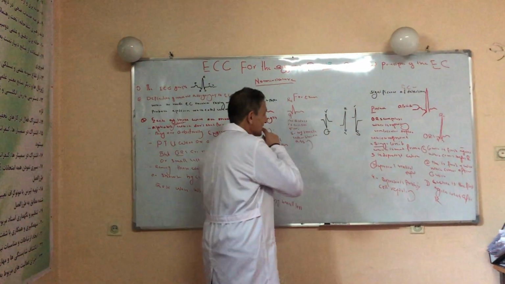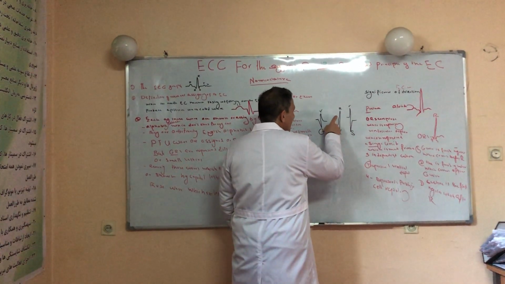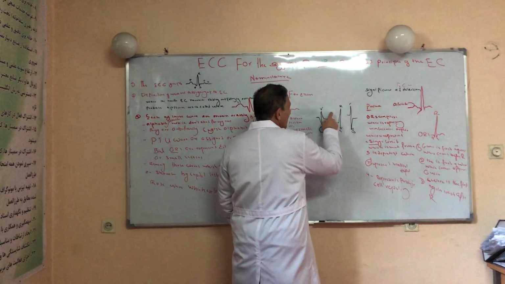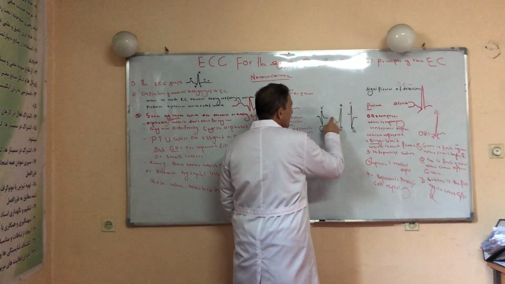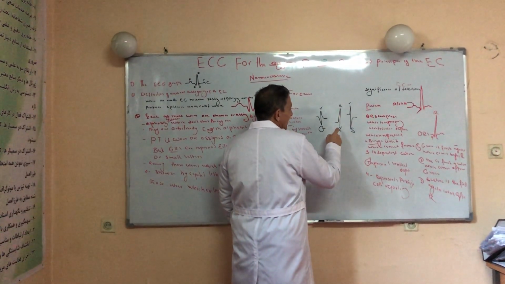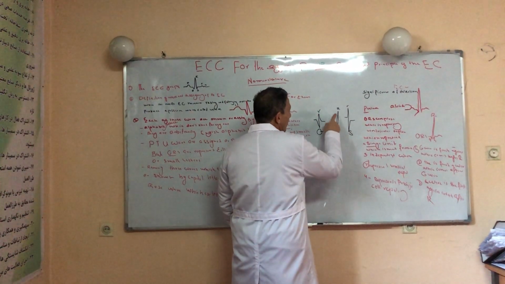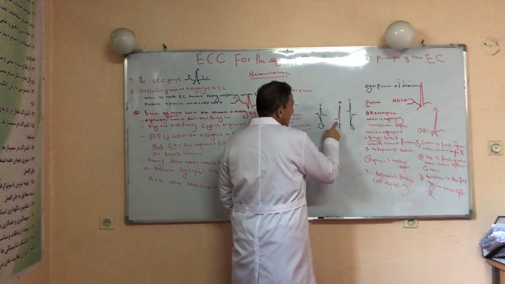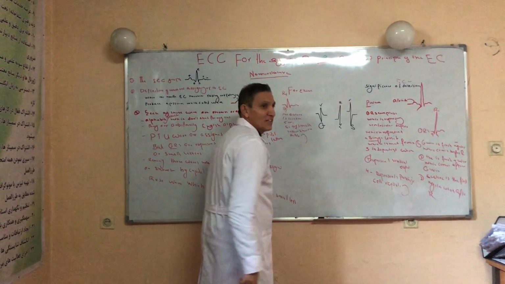In this second complex, this is the R wave and this is the Q wave and S wave. The R wave is more than 5 millimeter and larger than the S wave, so the large wave should be assigned by capital R, and the S is smaller, so it should be shown by small s.